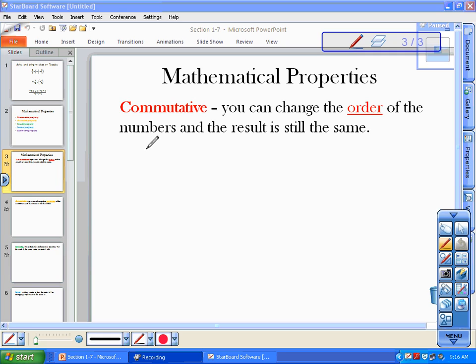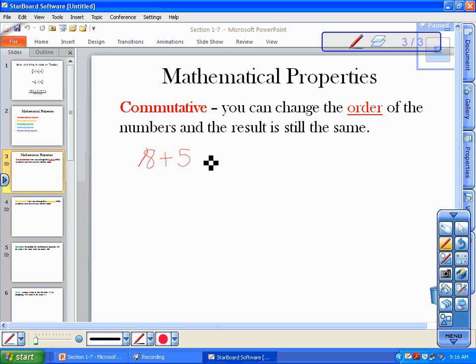This property is stating that 8 plus 5 is going to be the same result as switching the order around, 5 plus 8. 8 plus 5 is 13, 5 plus 8 is 13. Additionally, it works for multiplication. So let's take negative 3 and multiply that by positive 2.